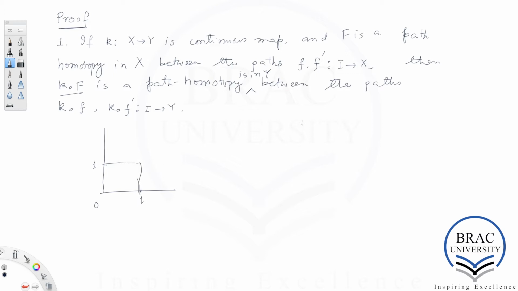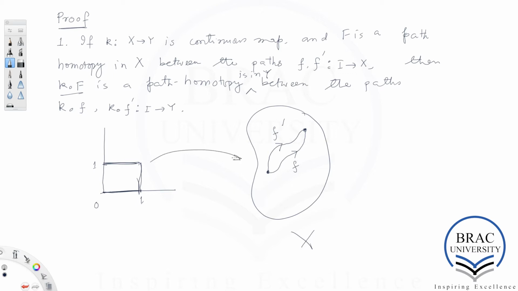Say this is X, and under F this edge is going to be mapped to this path between two fixed points, which is f prime, and this edge of I cross I is going to be mapped to the path f in X. This is the homotopy, the path homotopy.